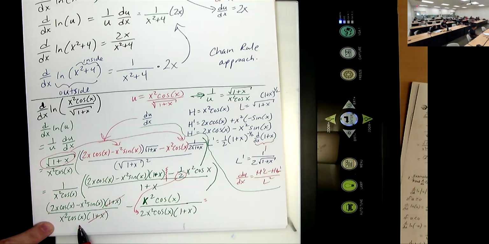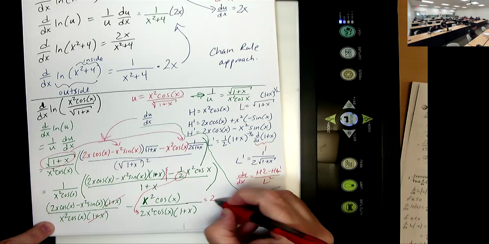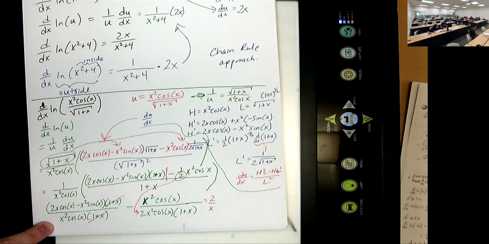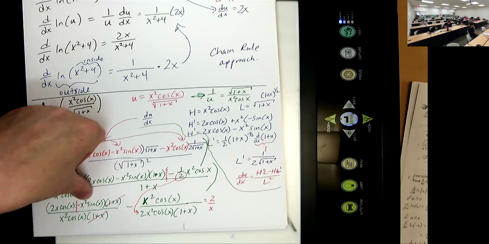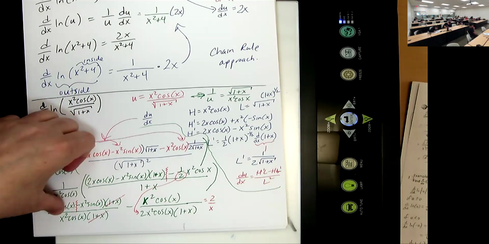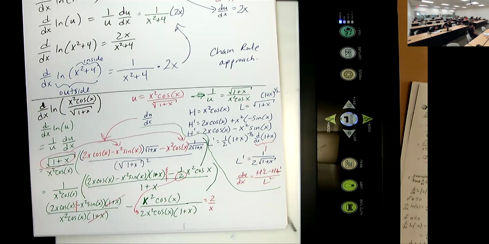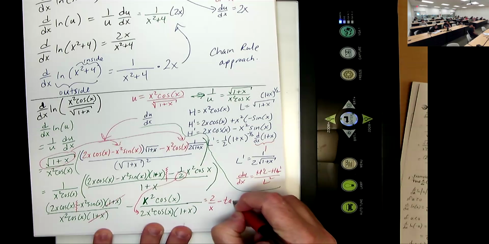An x and a cosine x will cancel, and that's just going to be 2/x. So I'm breaking this one up into 2 parts right here. Now we're doing minus x² sine x over x² cosine x. X² cancel. What is sine x over cosine x? Tangent. So minus tangent x.